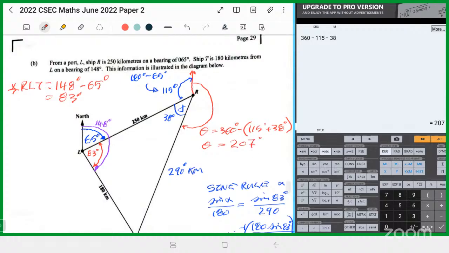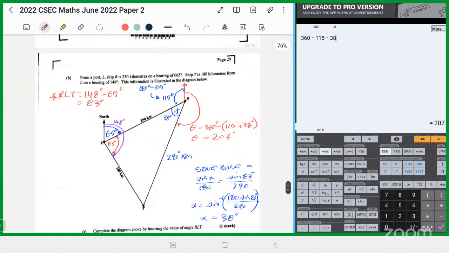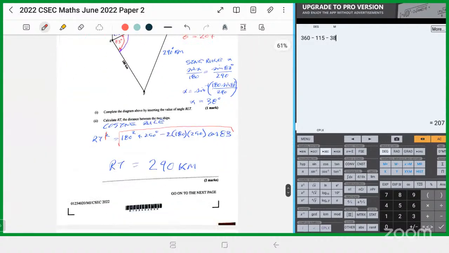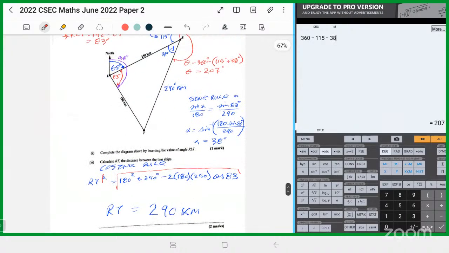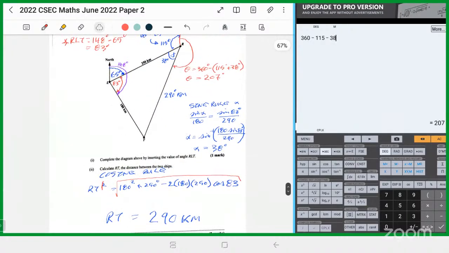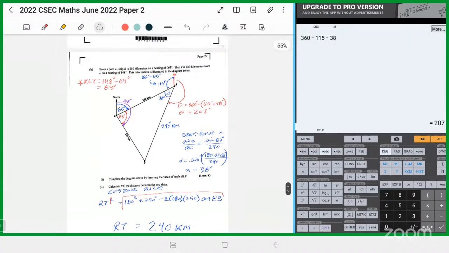And that's the calculation. I just did all the calculation on this page that I wanted over here. Right, so we have calculated everything that we wanted for that. I'm going to copy it down.